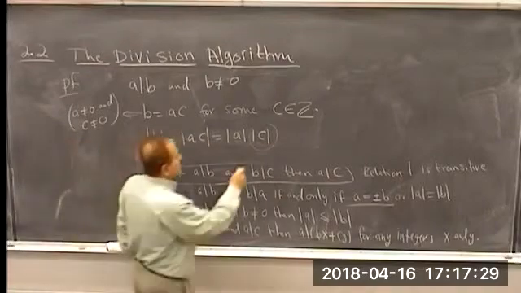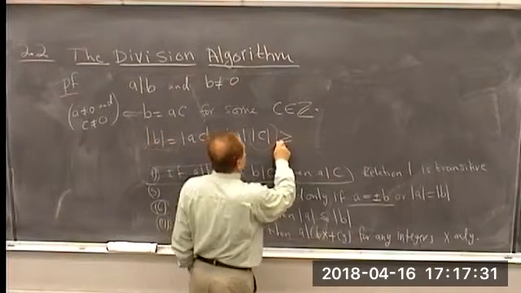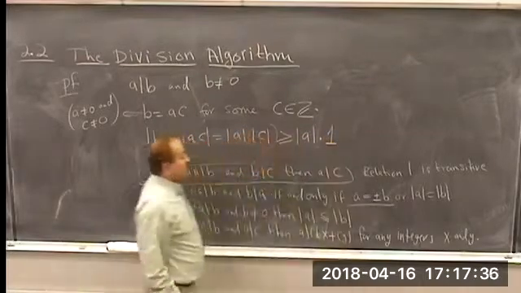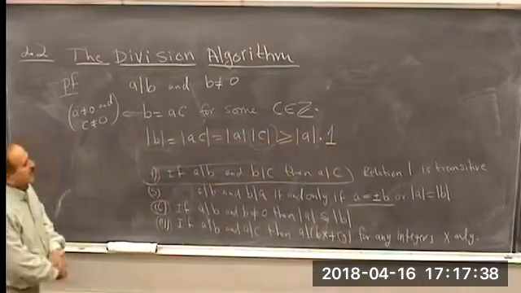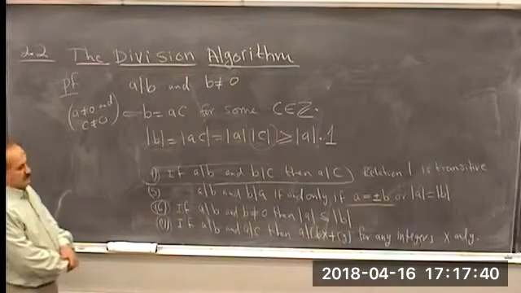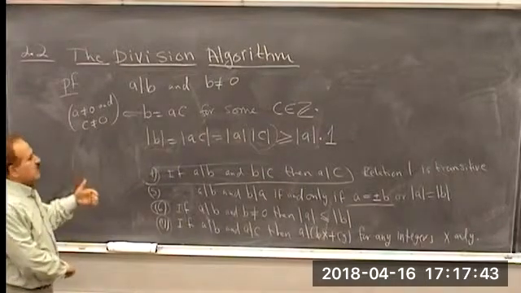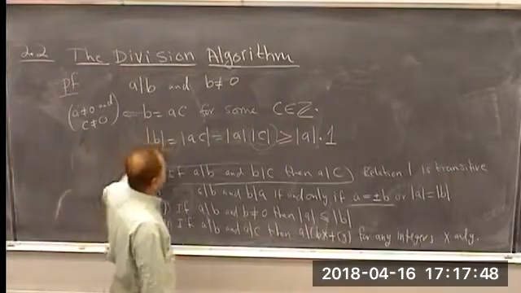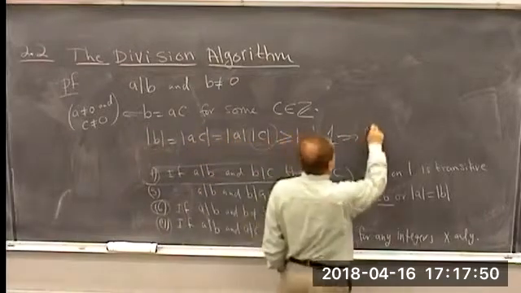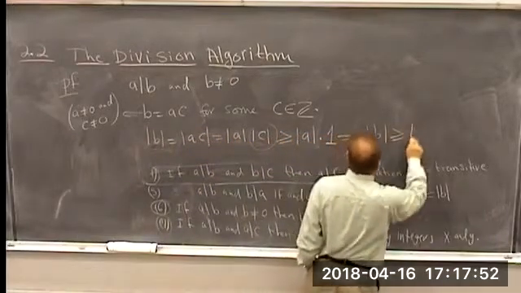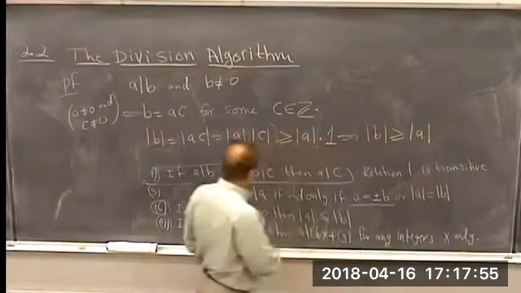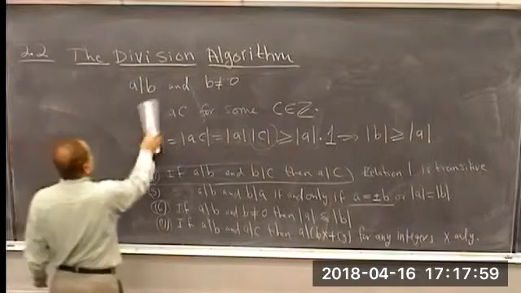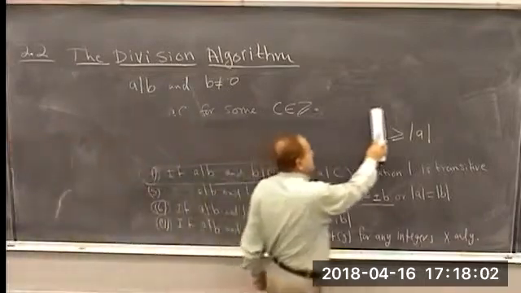So the absolute value of B is bigger than or equal to the absolute value of A multiplied by 1. In other words, I'm replacing the absolute value of C by the smallest it can be. It's not zero, it's an integer. And this proves that the absolute value of B is bigger than or equal to the absolute value of A.